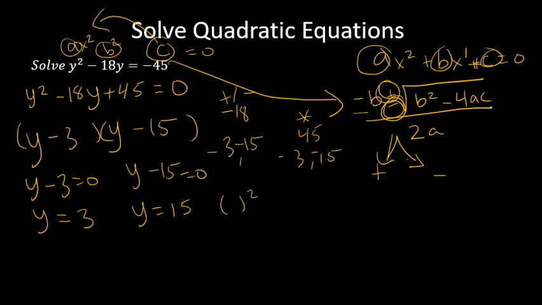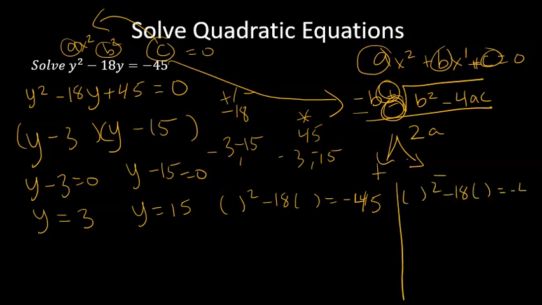So we're going to do those gaps so we could place our answers in, equals 45. I'm going to do that again a second round, -18 with my gap equals -45. Sweet. So I'm going to put a 3 in here, a 3 in here, a 15 in here, and a 15 in here. What does that give me? Well, 3 squared gives me 9.